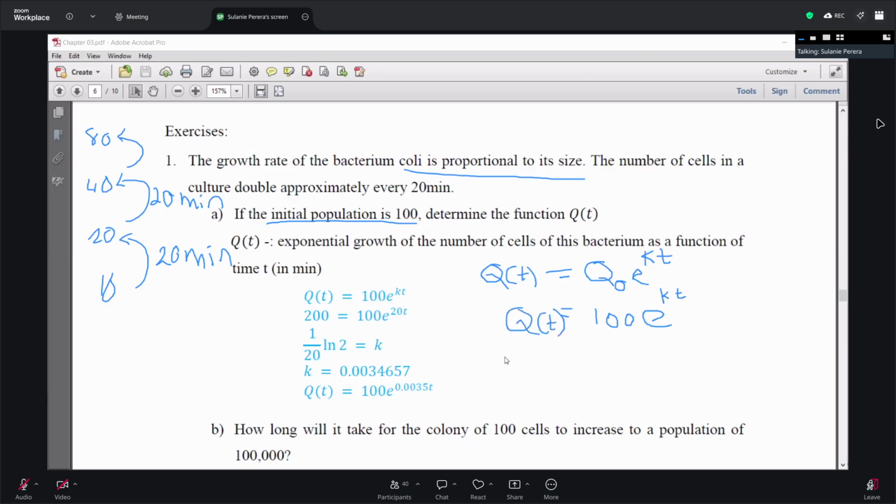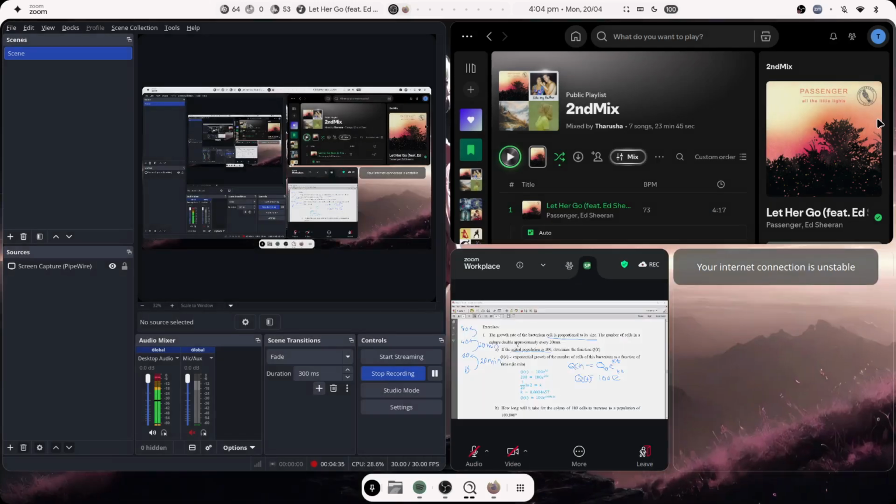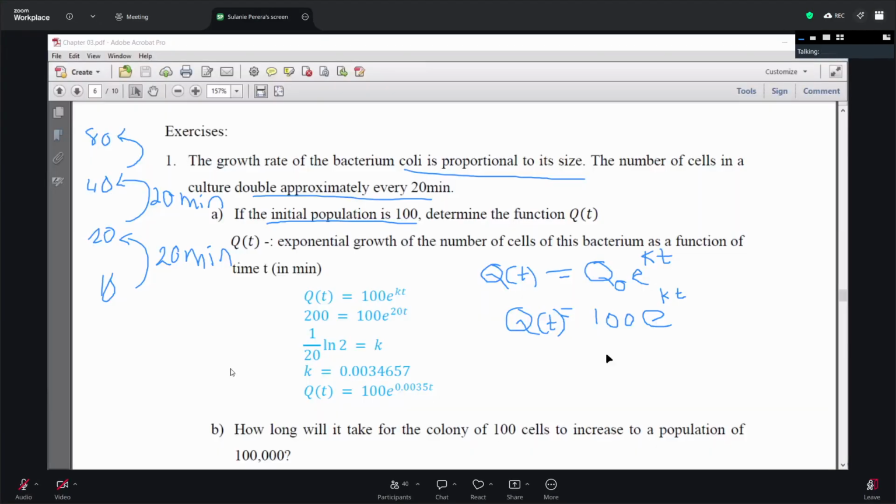Now we have three unknowns: Q(t), k, and t. So what else have they given? The number of cells in a culture doubles approximately every 20 minutes. So you can use this to find k.